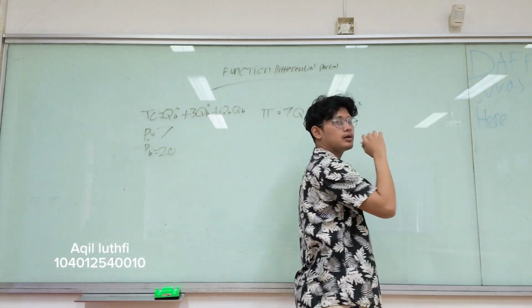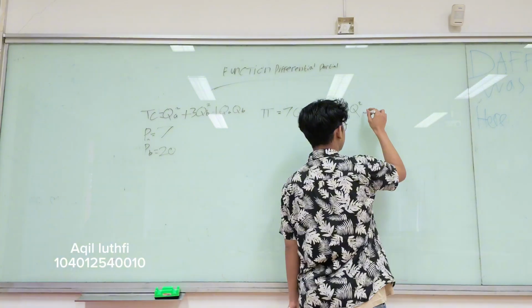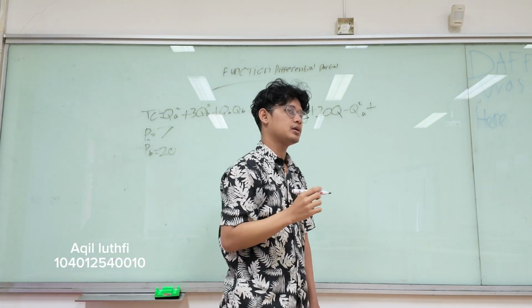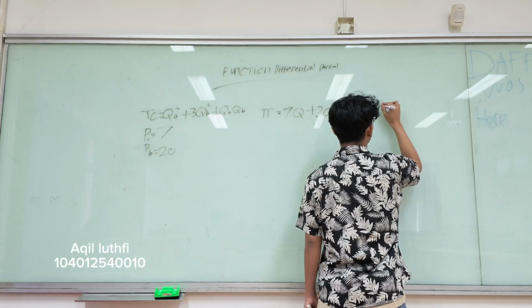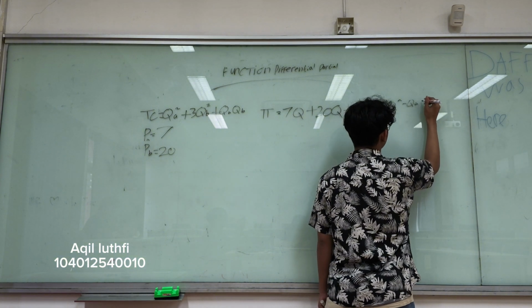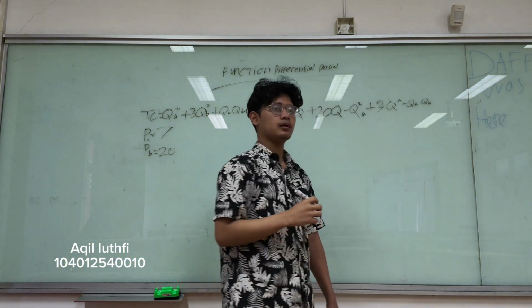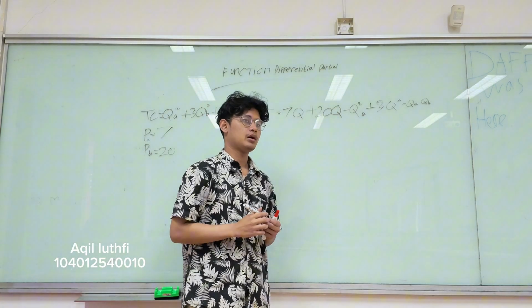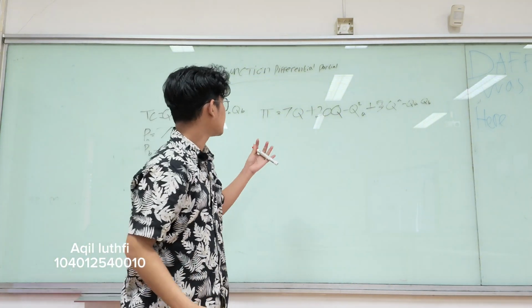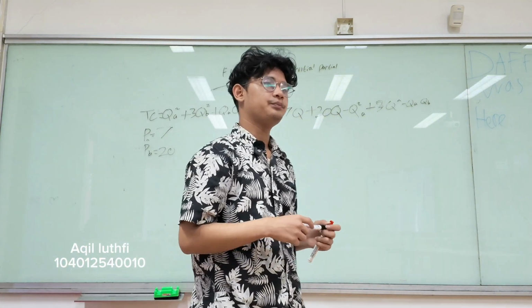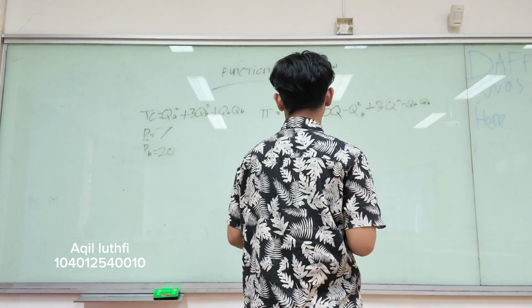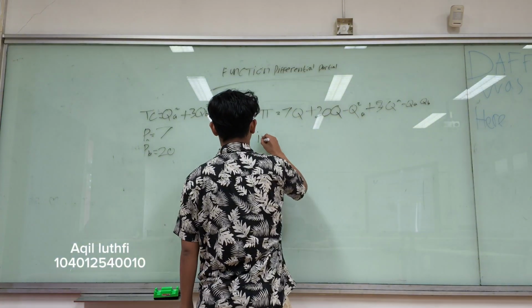What is it? K A squared plus 3 K A. There is, what is it, solve optimal, and there is EE.